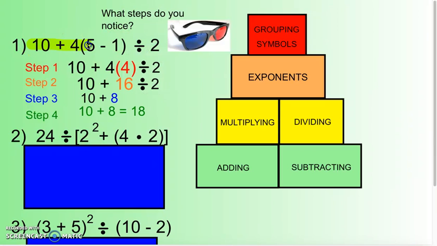Here is an expression, and what I want you to notice is, first of all, there are quite a few different operations going on in here. We have division, we have subtraction, and the other thing that's going on is, do you notice we have this number next to parentheses?